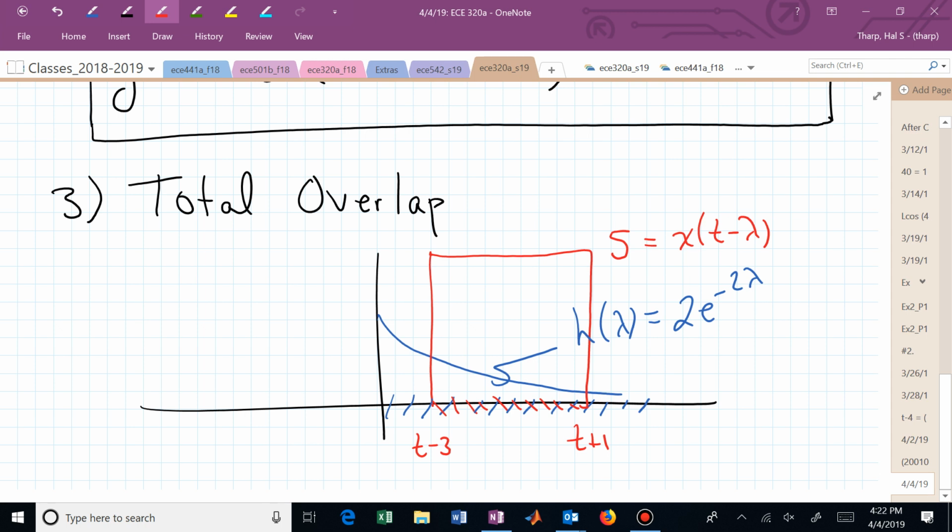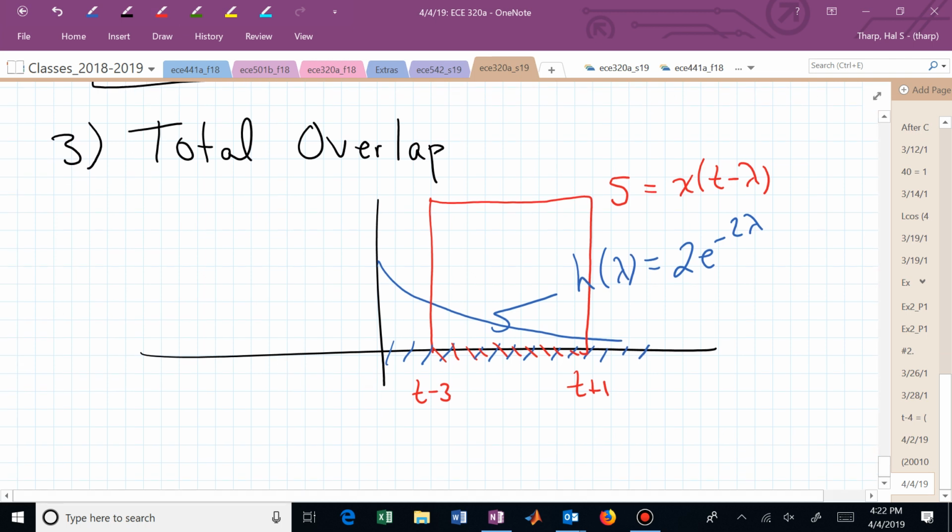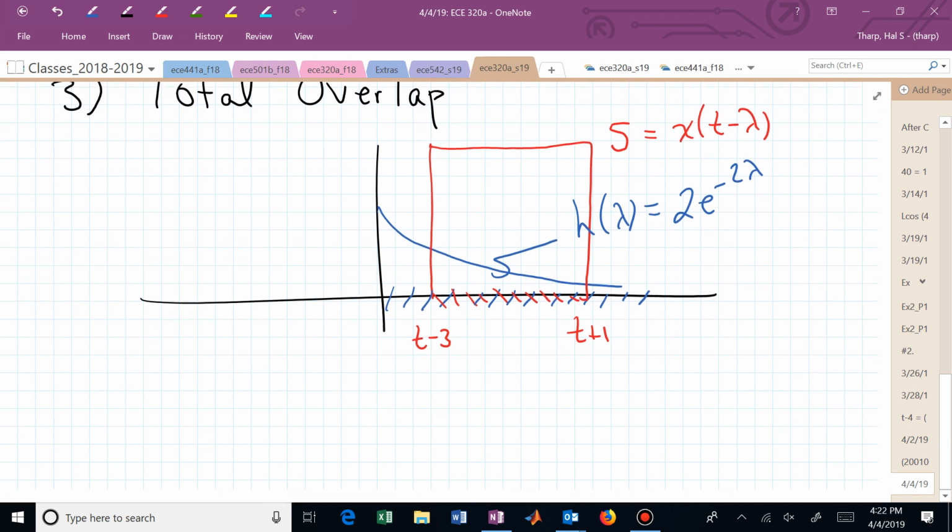And when does this overlap pattern exist? So we need to find the values of t when this overlap pattern is true, or when it exists. And that's going to be different than our limits of integration, generically. This occurs, this pattern, when t plus 1 greater than 0? Yeah, but that's not even active, really. It's t minus 3 as long as that slides through 0.